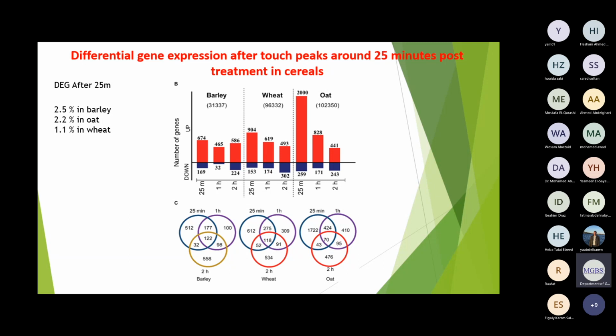You see that 25 minutes and 2 hours have 60 to 75% unique genes not shared with other time points. But for 1 hour, there is about 60% sharing with 25 minutes and 2 hours.